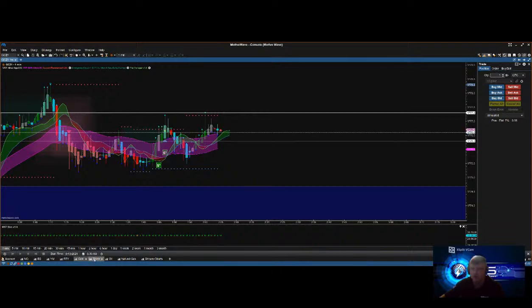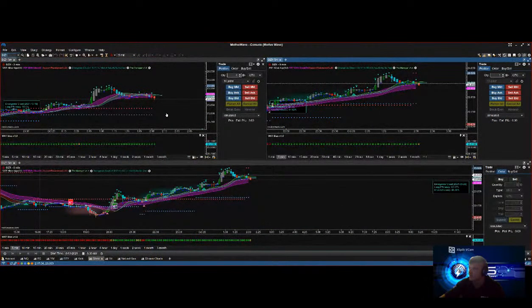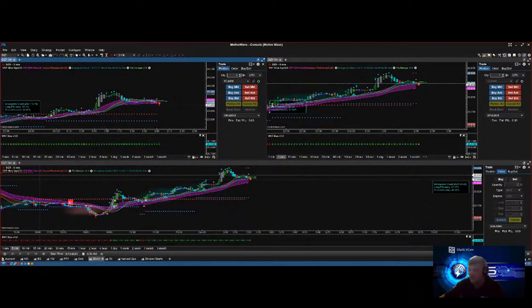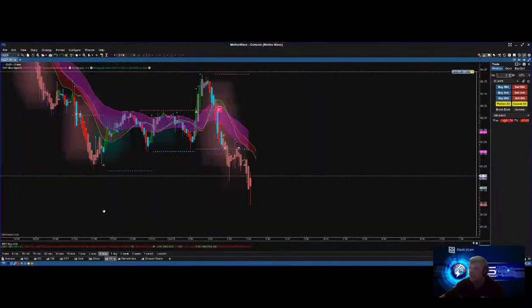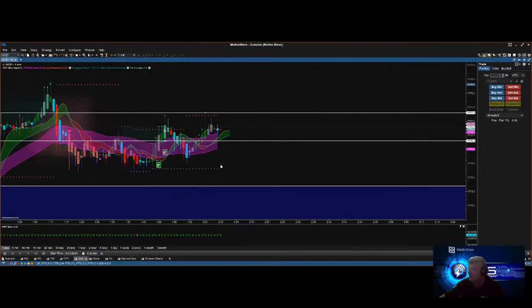Boom, boom, boom, boom. Let's see here, what's silver doing? Silver's a payday. Golly, it is a payday for sure. Still kind of bobbing around in this range right here.